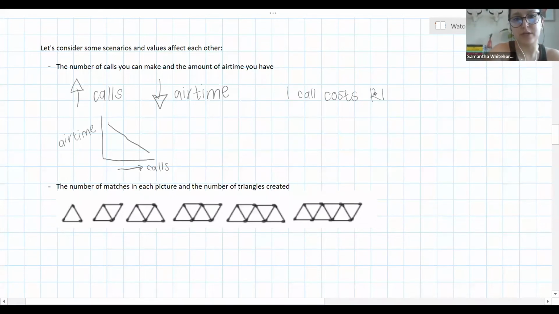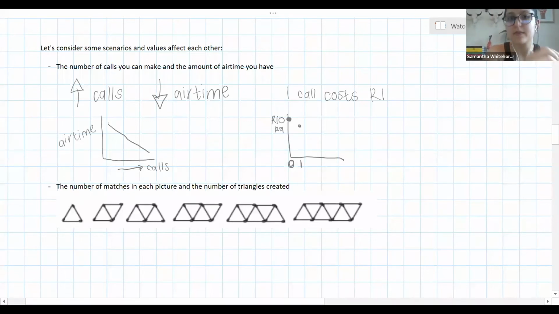Now, let's say, for example, there's my beautiful graph. Let's say I start with 10 rand airtime. That's what I'm starting with before I make any calls. So no calls being made, I've got 10 rand airtime. Are you in agreement? Yes. Okay. If I now make one call, do you agree that's going to decrease my airtime to 9 rand?